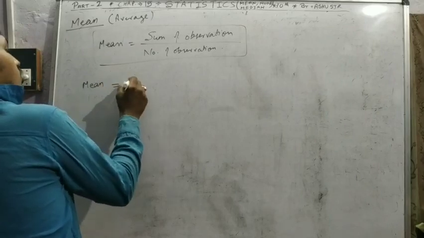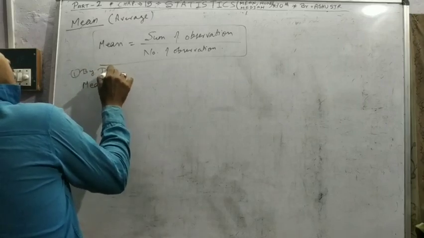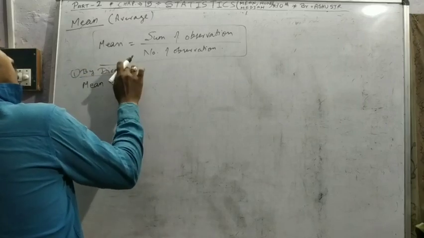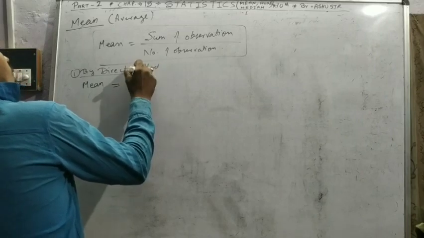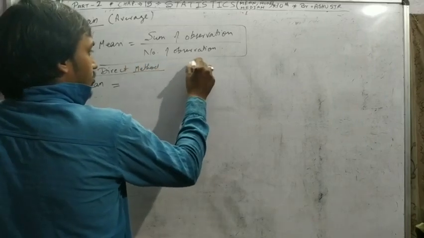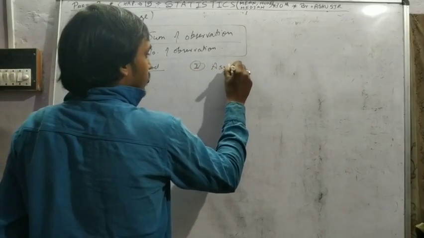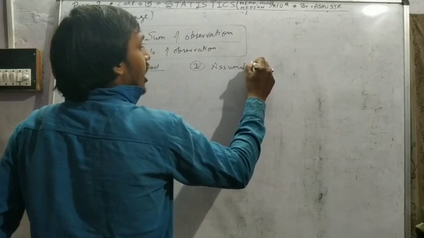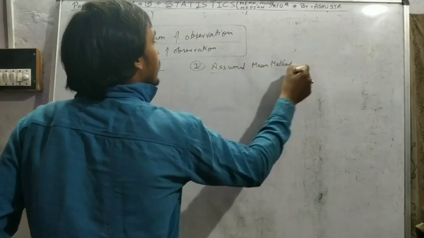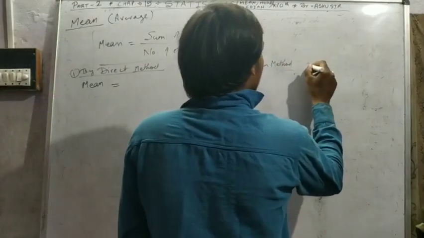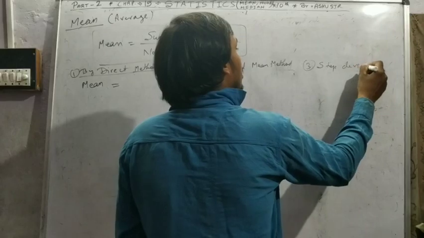Mean is found first by the direct method, second by the assumed mean method, and third by the step deviation method.